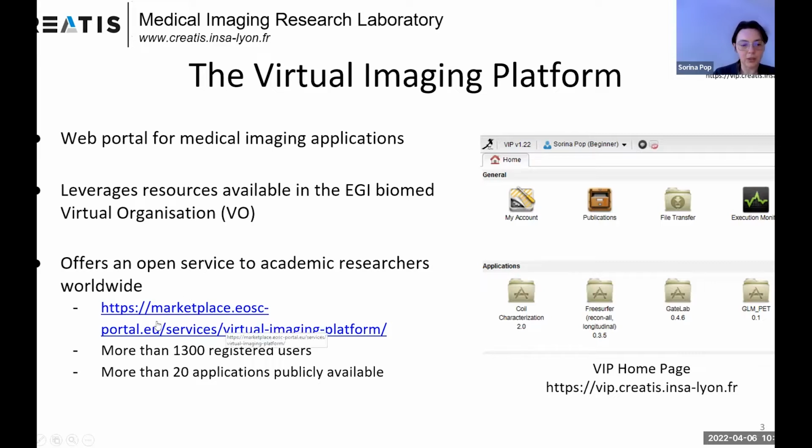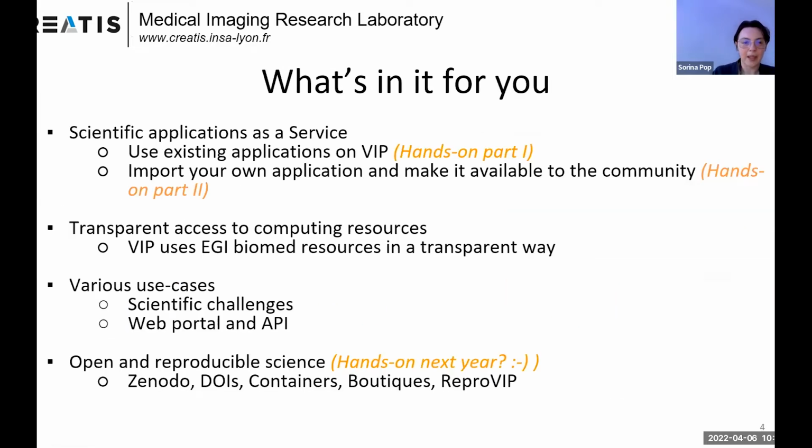It's available on the European Open Science Cloud Marketplace on the link you have here. Today we count more than 1,300 registered users and more than 20 applications publicly available. The URL is here, https://vip.creatis.insa-lyon.fr, but we'll go there in just a few minutes.